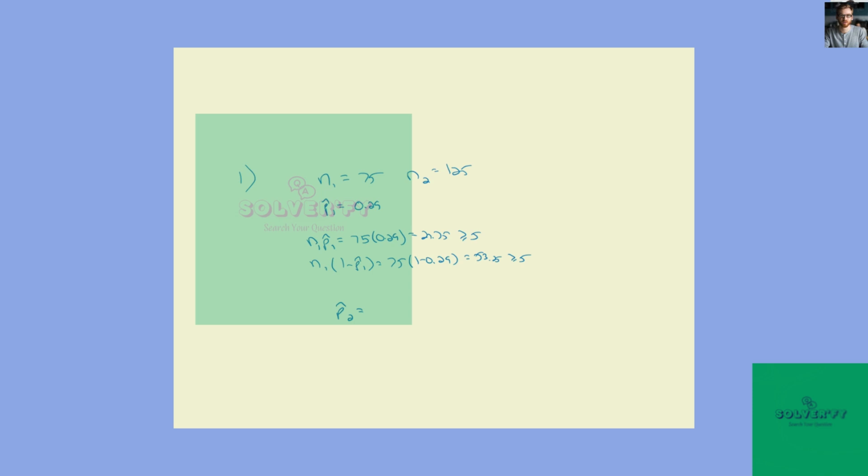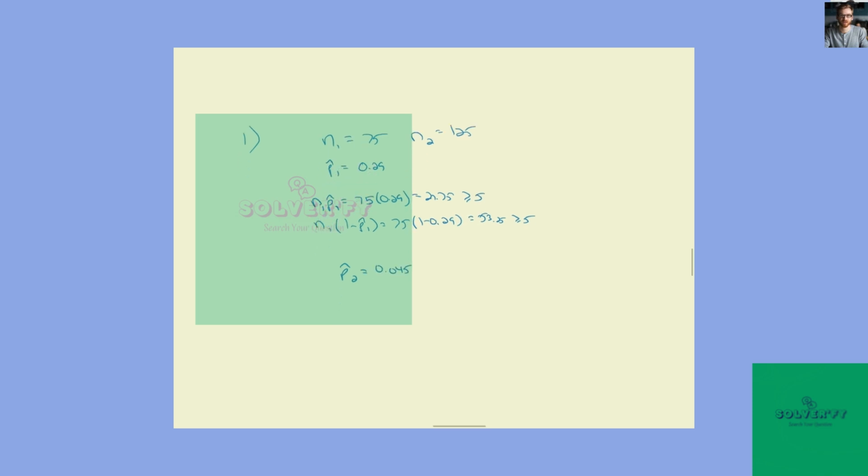p hat is given as 4.5%, so that's 0.045, so the expected number of successes would be 125 times 0.045, and that is 5.625, which is greater than or equal to 5.